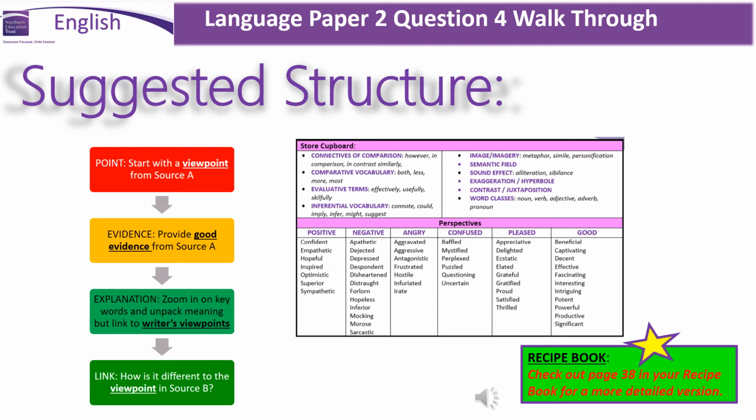It might show that the writer is puzzled and uncertain, or it might show that they are interested and they actually feel powerful. In the link, you then talk about a difference. So how is the viewpoint different in source B? And what you often have, guys, is one source which has got a more positive viewpoint and one that's got a more negative.